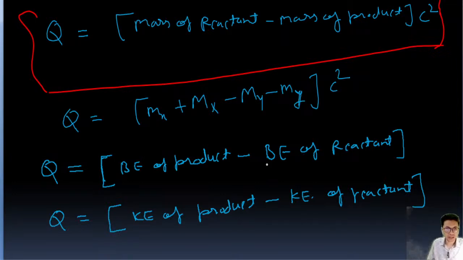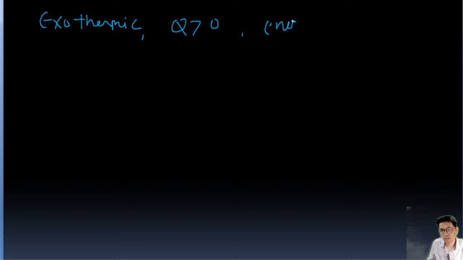Next, if you talk about an exothermic process, Q is greater than 0, which means energy is released.